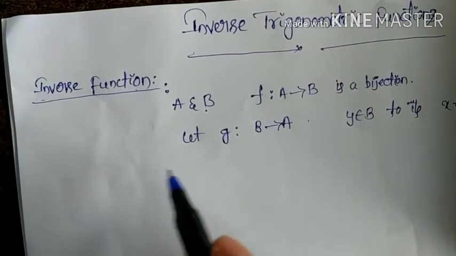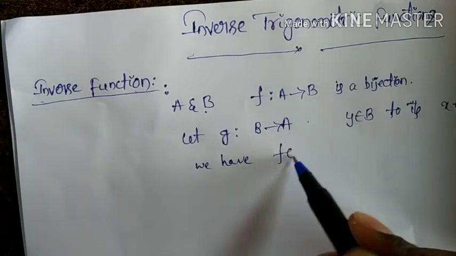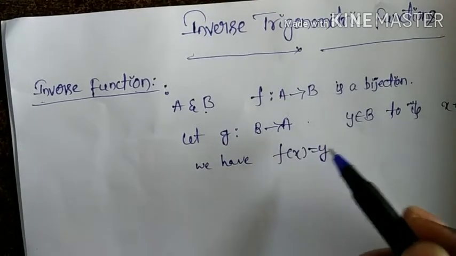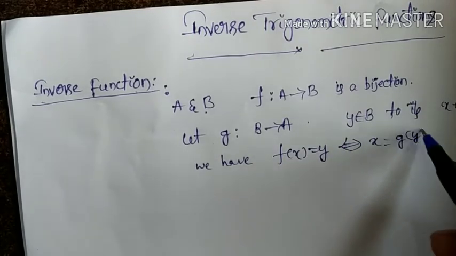That means we have f of x is equal to y implies x is equal to g of y.